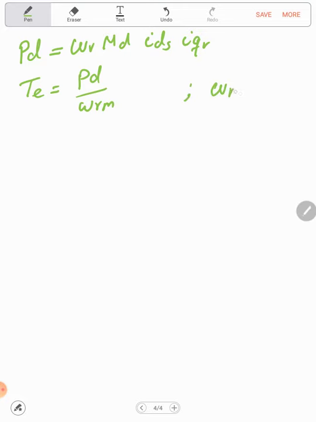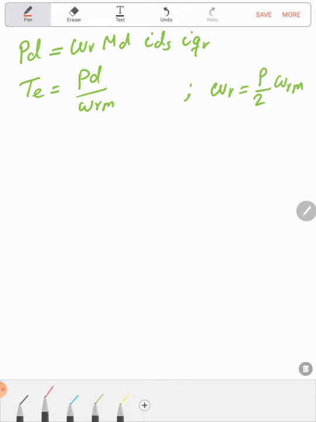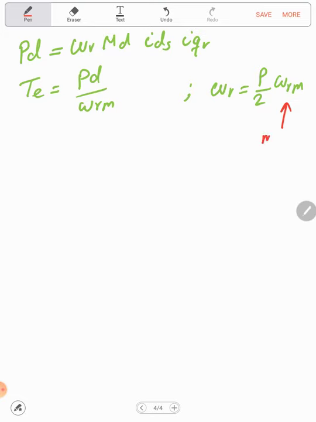So omega r will equal P over 2 omega r mechanical. So this is the mechanical speed, and this is the electrical speed.